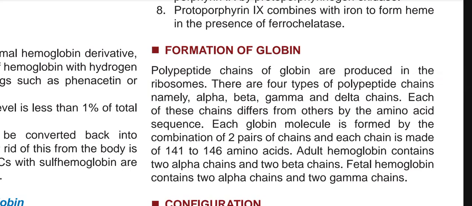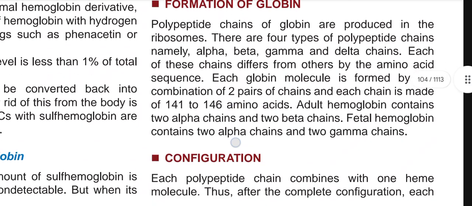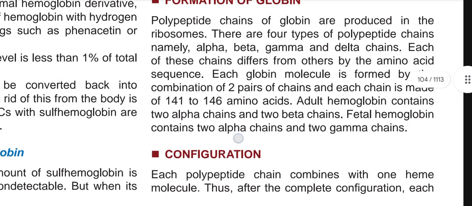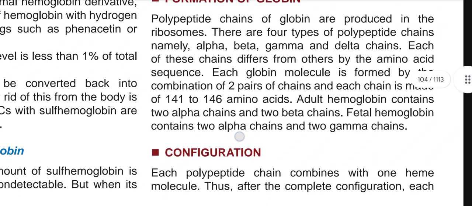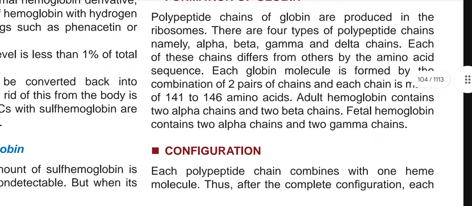Now formation of globin. Polypeptide chains of globin are produced in the ribosomes. There are 4 types of polypeptide chains, namely alpha, beta, gamma and delta chains, and each of these chains differs from the others by the amino acid sequence. Each globin molecule is formed by the combination of 2 pairs of chains, and each chain is made up of 141 to 146 amino acids.